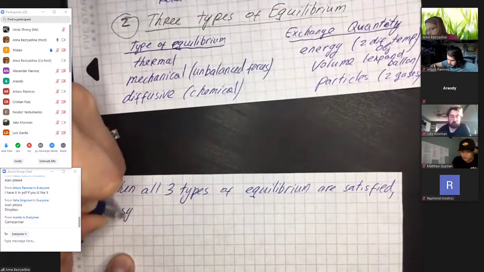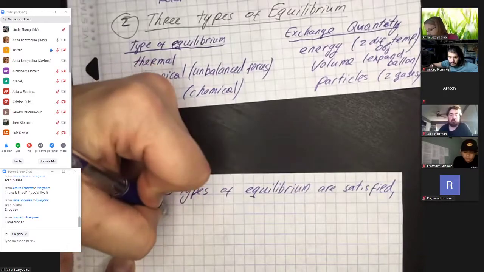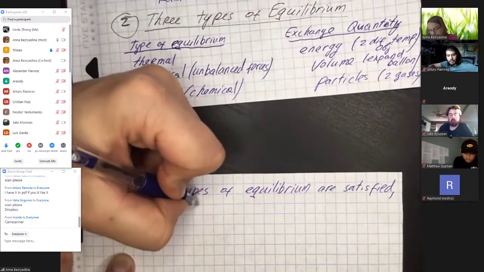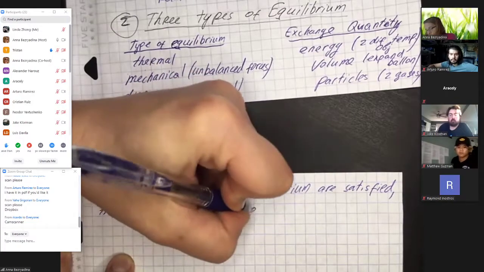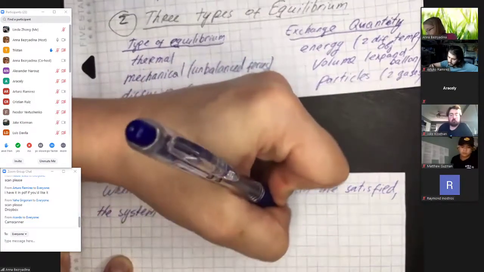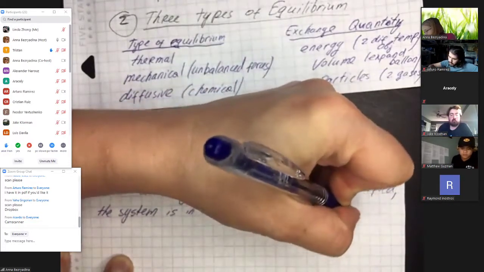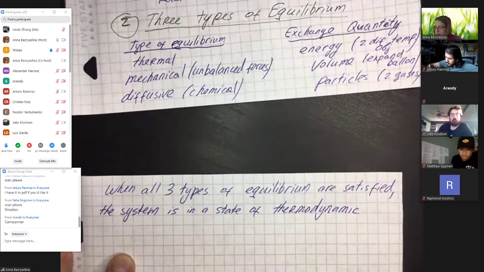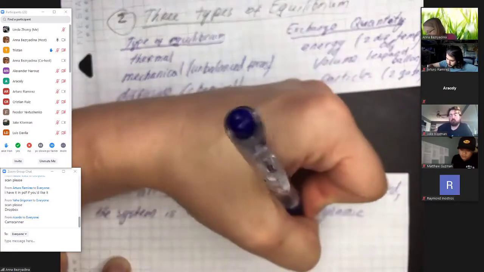When all three types of equilibrium are satisfied, the system is in a state of thermodynamic equilibrium.